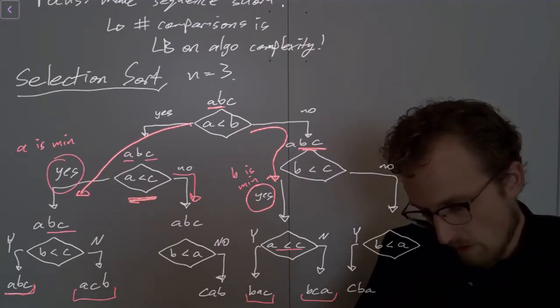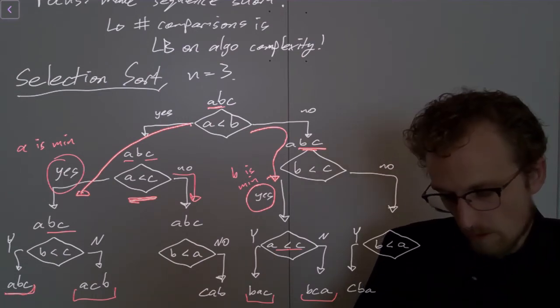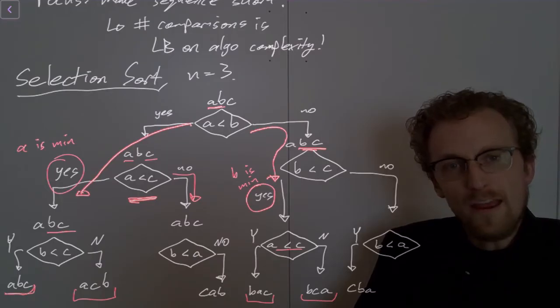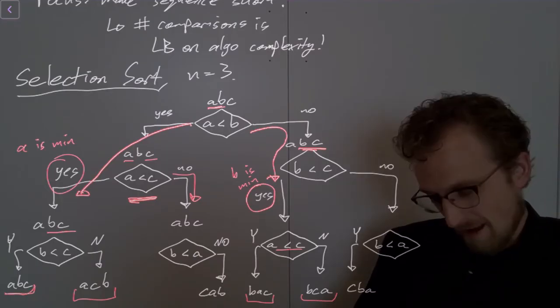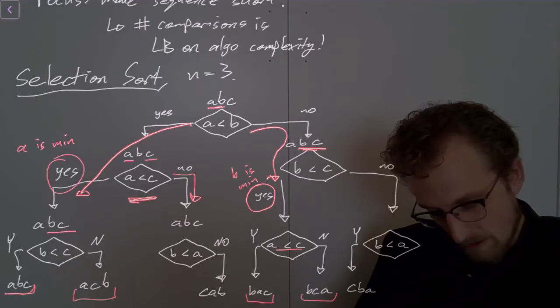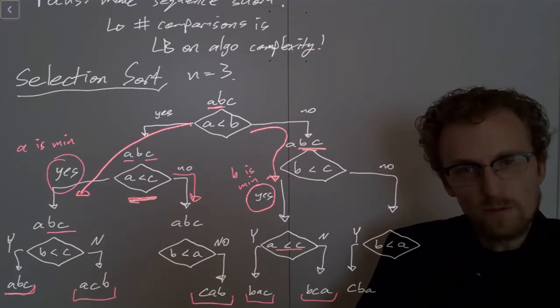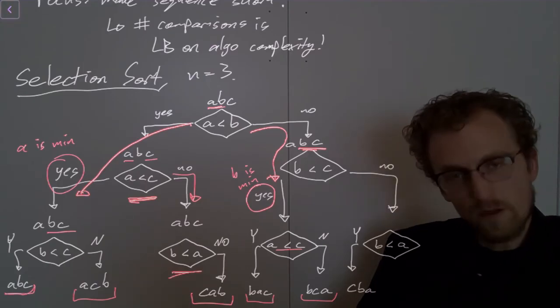Right? Because what do we know? We know that C is smaller than A. We know that A is smaller than B, and so this tells us that C goes in the front, A goes in the second position, and B goes in the last position. But the problem is that selection sort asks another comparison.